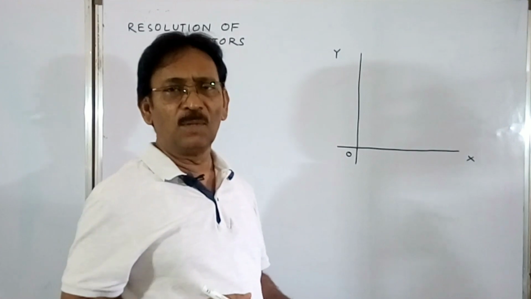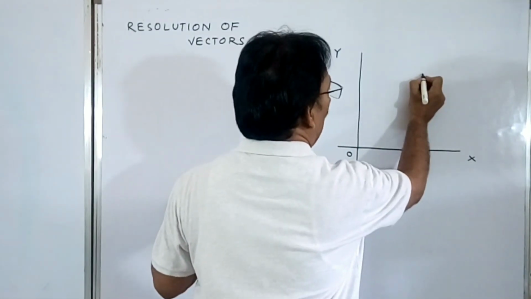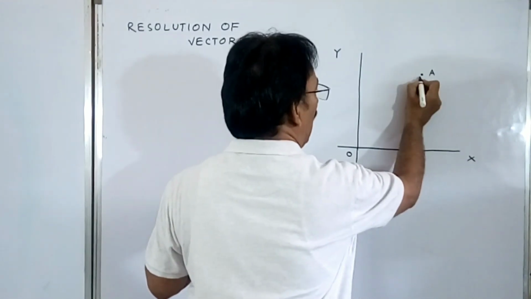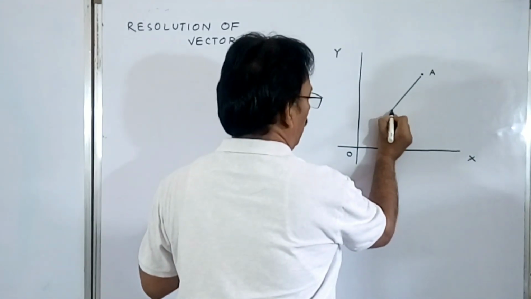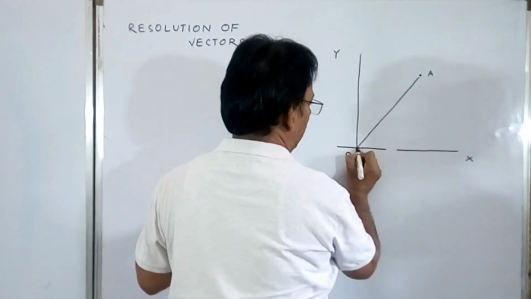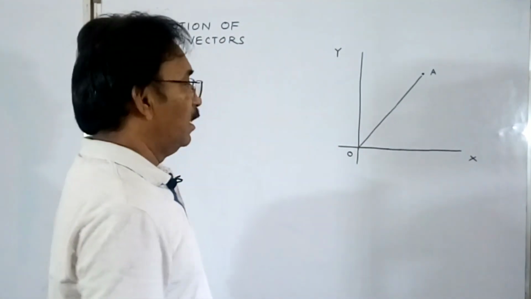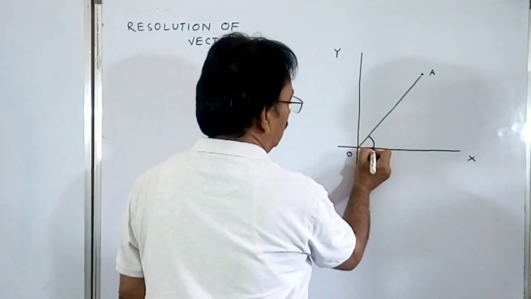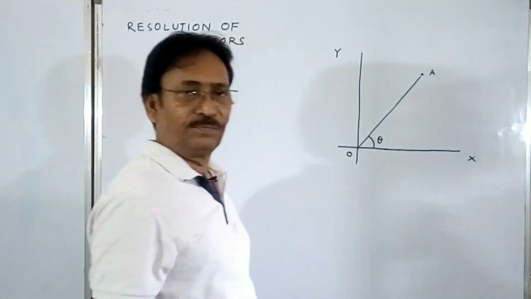Let's locate a vector. I am locating a point here, say it is the point A, and I am joining the origin with that point. Let's say it is a position vector. This vector is making an angle of theta with the x-axis.